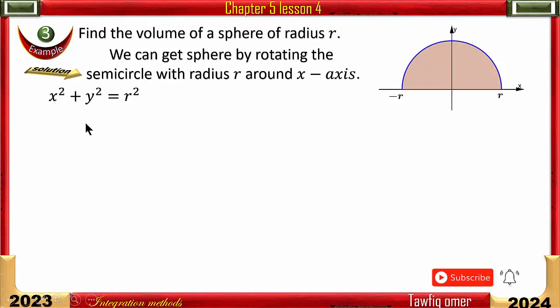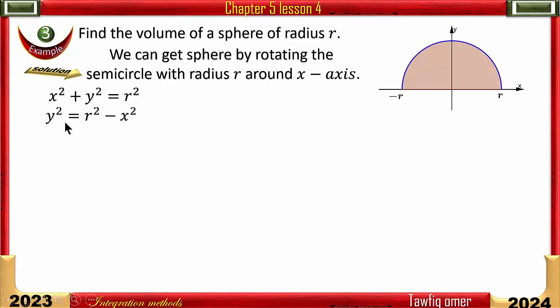We know when the center is 0, 0, or the origin, the equation of the circle is x squared plus y squared equals r squared. And now here we try to find y squared by taking x squared from left to right.